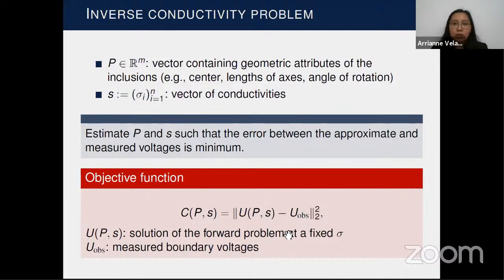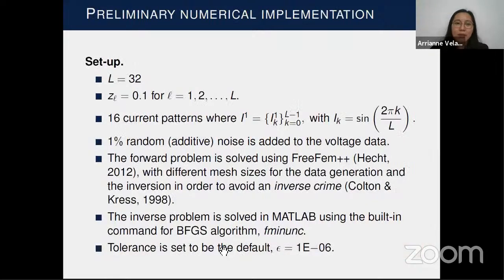For the preliminary numerical implementation, we set the geometry to be fixed. So we only want to determine the vector of conductivities S. Our setup again is the same: 32 electrodes, constant contact impedance 0.1, and we use 16 current patterns. So we just rotate the first current pattern.